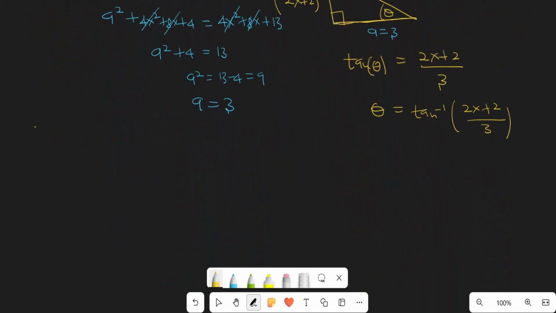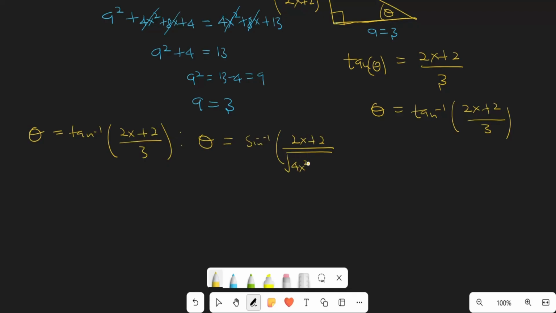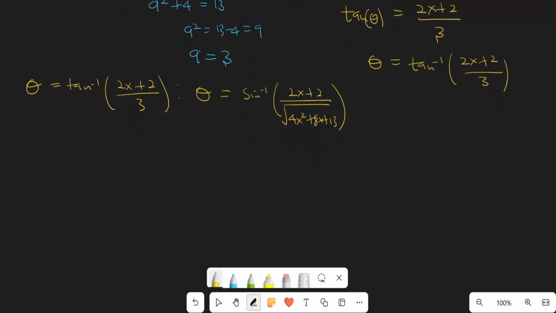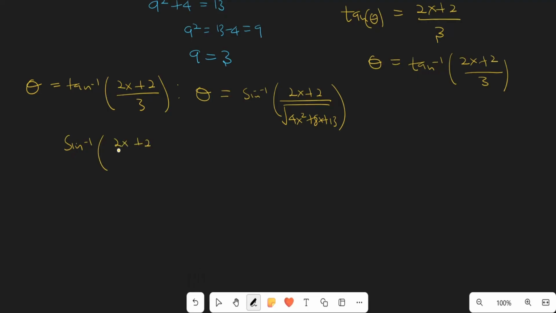So theta is equal to the tan inverse of (2x + 2) over 3, and the same theta is equal to the sine inverse of (2x + 2) over the square root of 4x² + 8x + 13. That implies that the sine inverse of (2x + 2) over the square root of 4x² + 8x + 13 is equal to the tan inverse of (2x + 2) over 3.